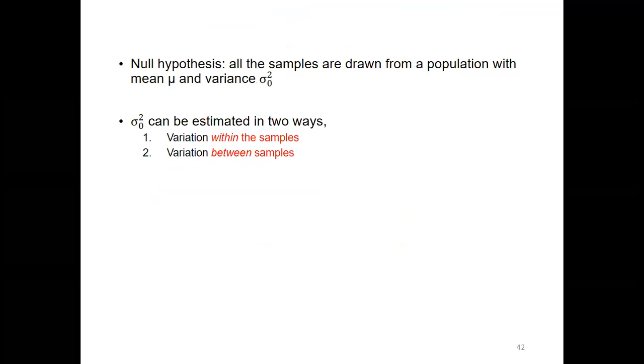That is the null hypothesis. And this variance, sigma naught squared, can be estimated in 2 ways: variation within the samples and variation between samples.